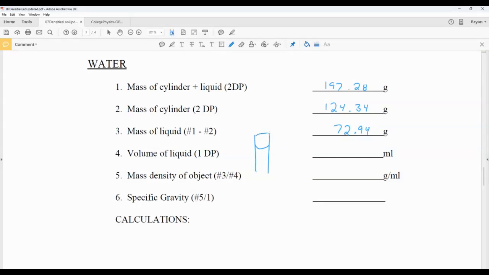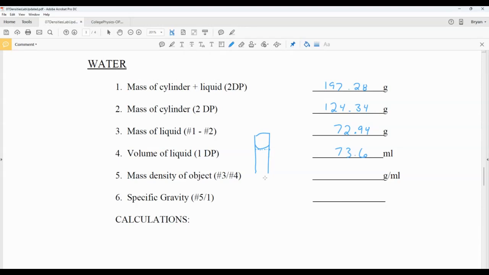Sorry, my line kind of missed. When you see that, the water climbs up the sides a little bit, and what we do is read the bottom of that meniscus. With the way the lines are set up on the graduated cylinder, we can read one decimal place. For my example here, we had 73.6 milliliters.